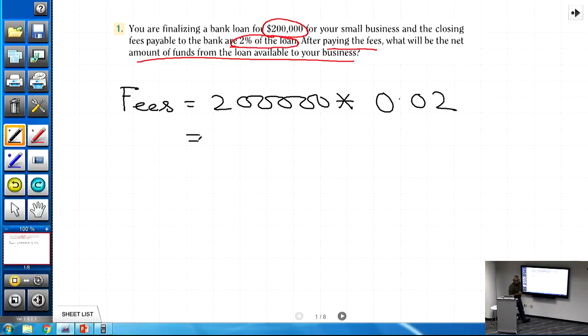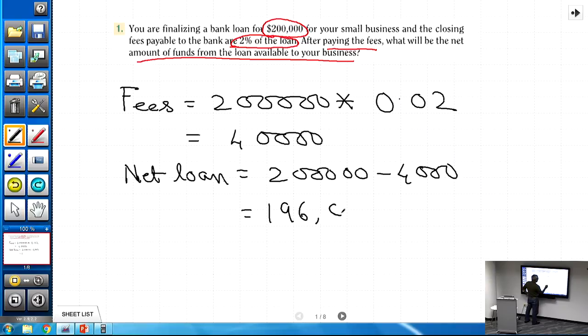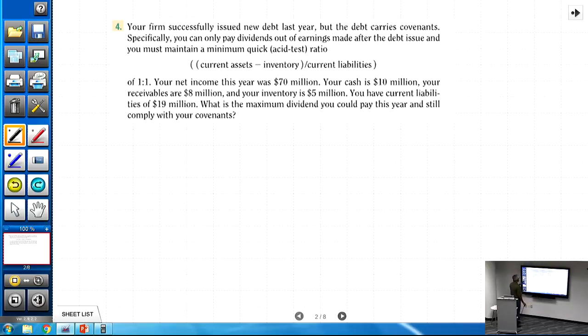So that would be 4,000, which gives your net proceeds, your net loan that would be available to you will be the 200,000 minus the 4,000 that you paid in fees, which is 196,000. So that's pretty simple and straightforward. Let's look at problem number 2.